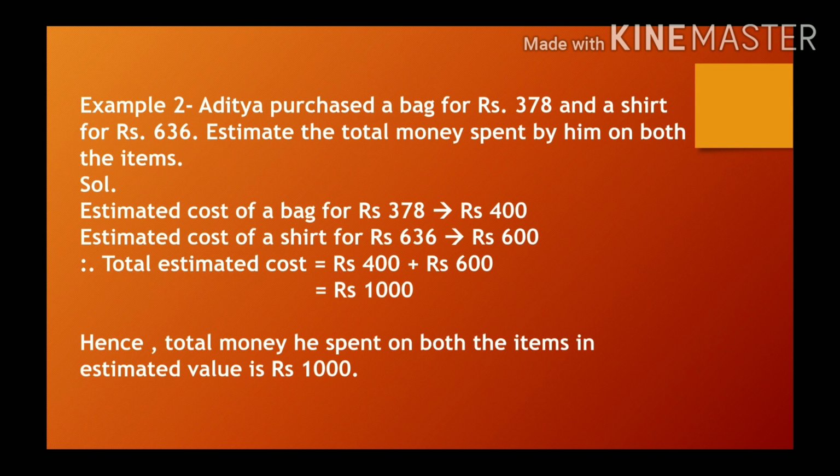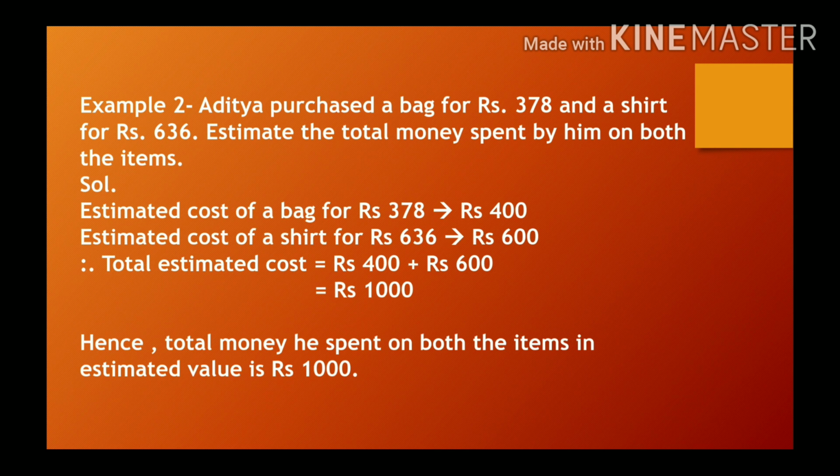Solution. First we'll see the estimated cost of a bag: rupees 378 is rupees 400, and the estimated cost of a shirt: rupees 636 is rupees 600.